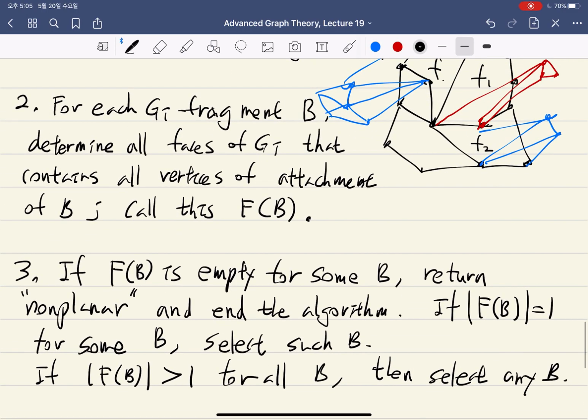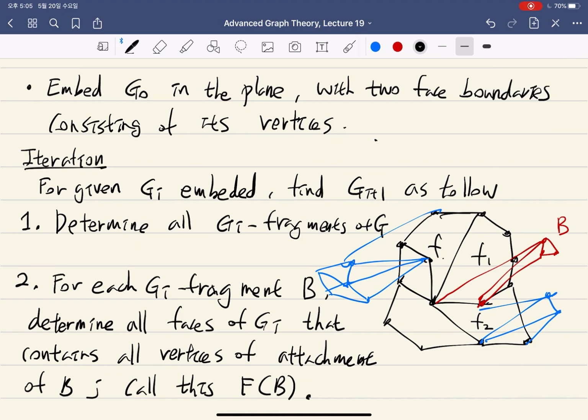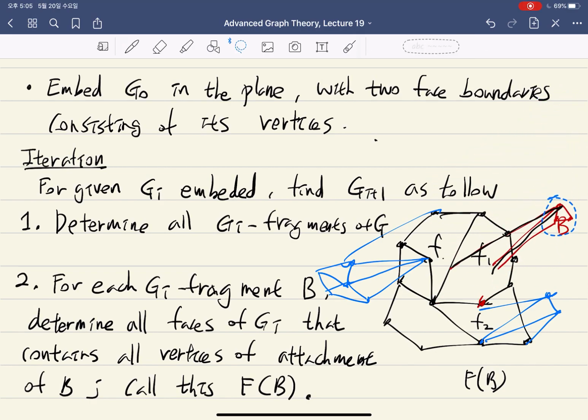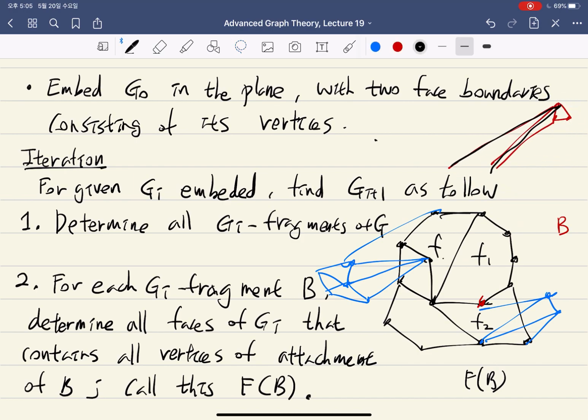So we repeat this. After that, again, you say choose now, say this edge. Then FB is either F1 or F2. So you choose, say, F1. Then, how do you do it? You embed this path here.